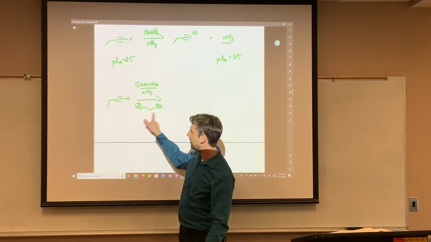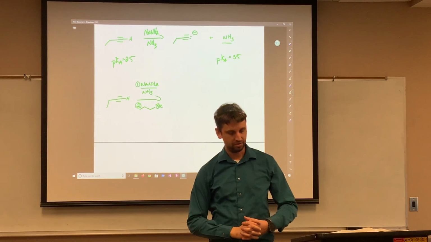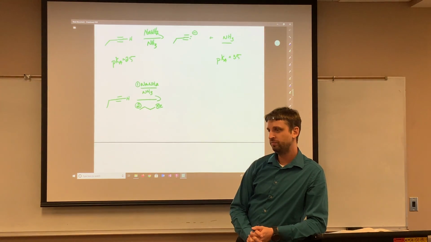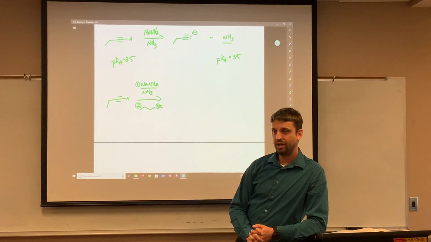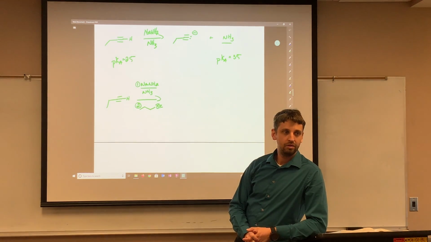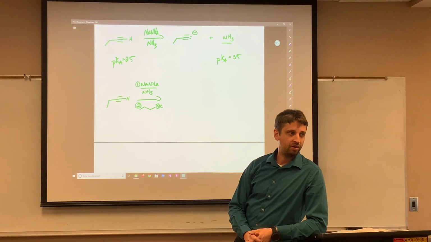What's this? An alkane, okay. What else? Good leaving group, what else? Strong base, right? We've got the deprotonated alkyne there. What flavor leaving group? Interesting.